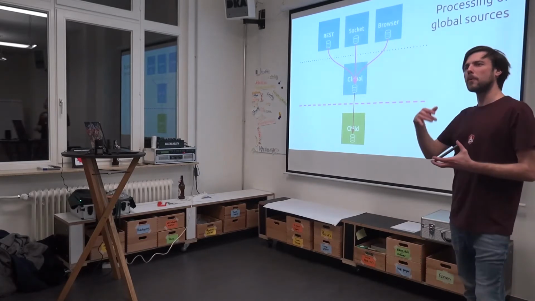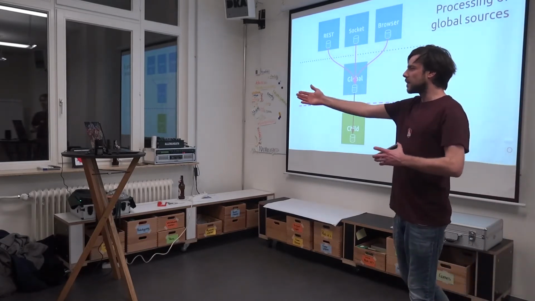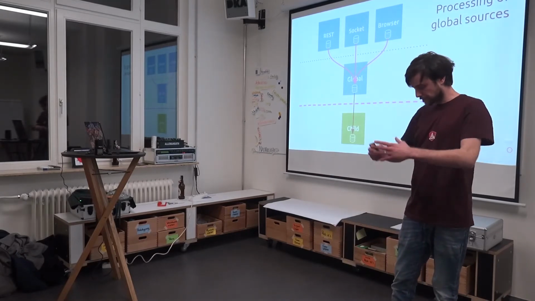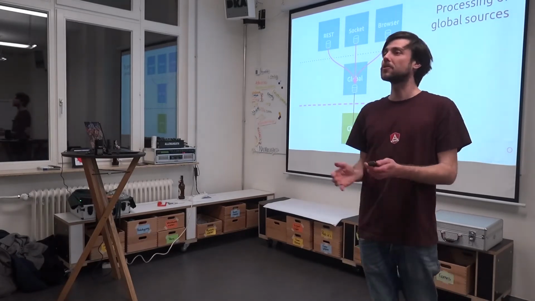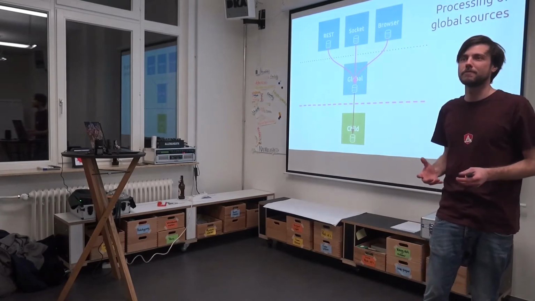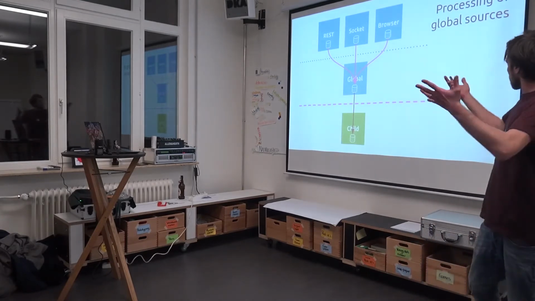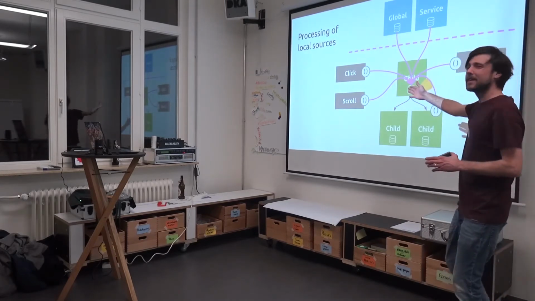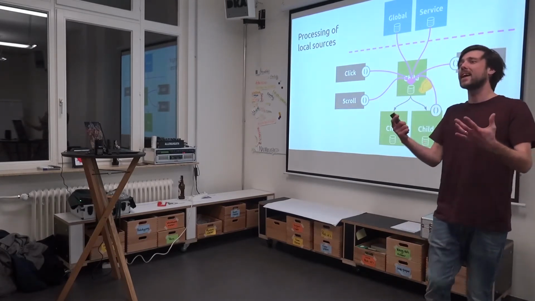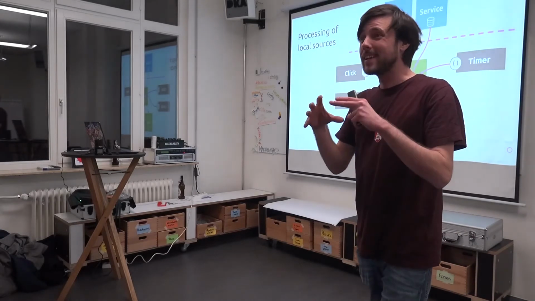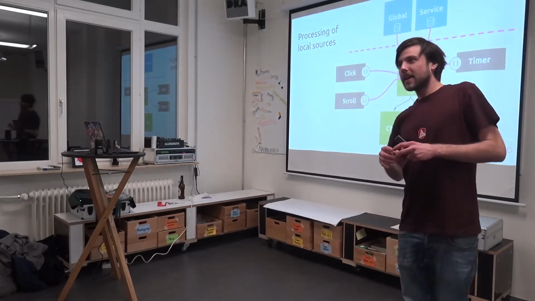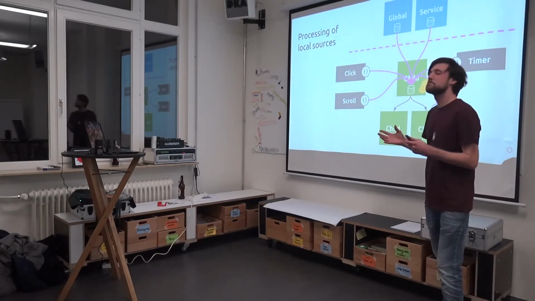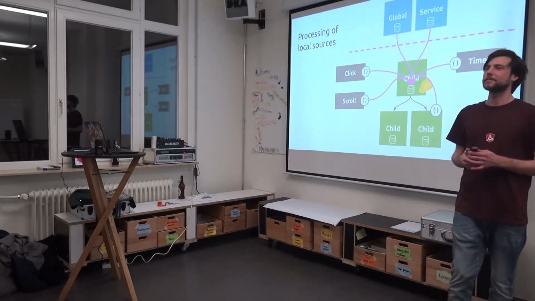I also call remote sources maybe the IndexedDB or the local storage in your browser, because it's not in my application. And these are global sources. What are local sources? Local sources are click events, scroll stuff, a timer, something that lives only inside your component. And local state processes mostly local sources.